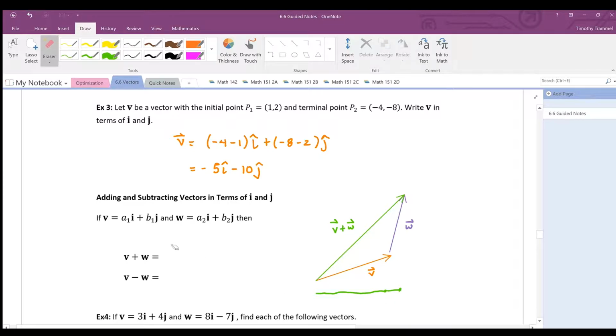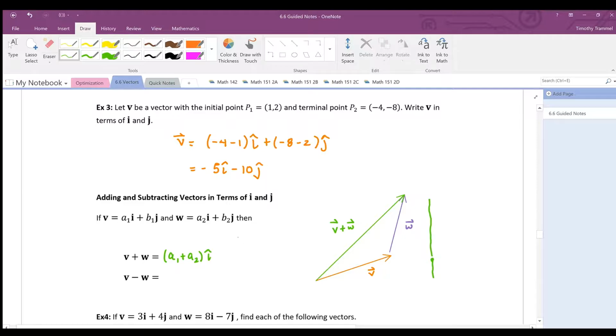So if we want to add v and w, we should at least add their horizontal components. But let's think about what to do with their vertical components. Well, v plus w goes up vertically the amount that v goes up plus the amount that w goes up.